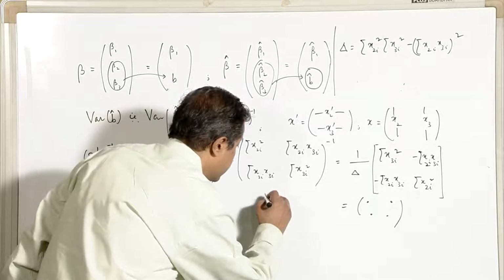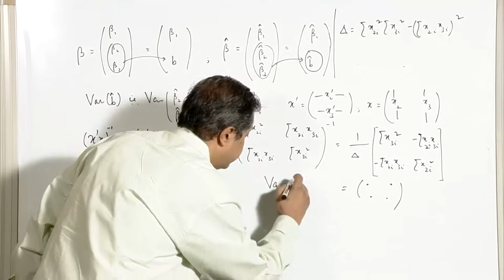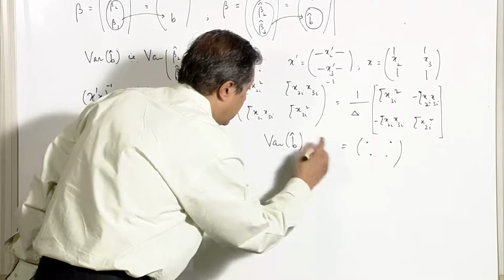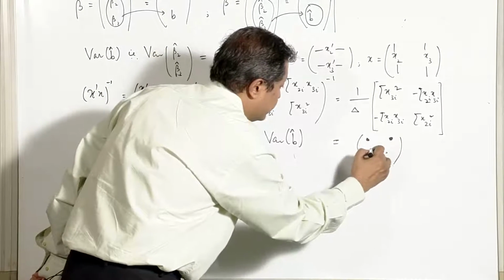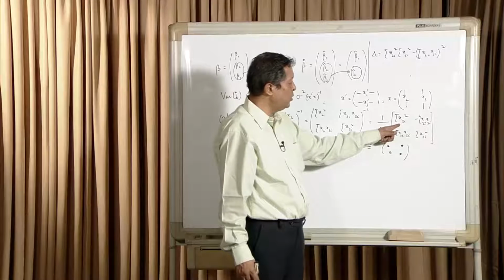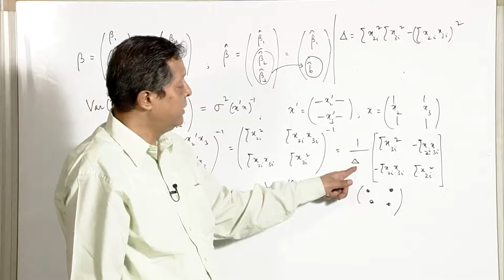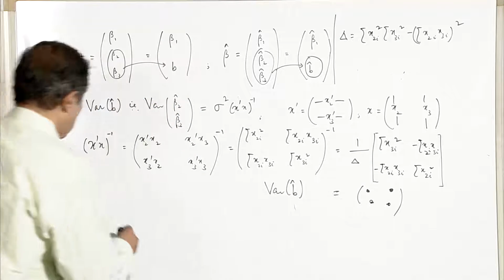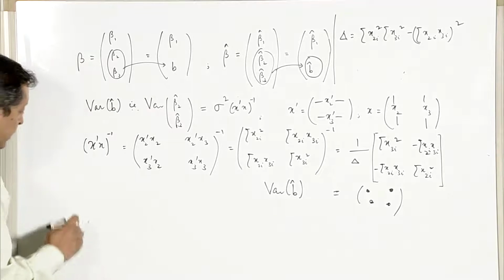So, variance of b hat is given by this matrix which has 4 elements. What is the first element? Sigma square into summation x3i square divided by delta, which we will find in a moment comes out to be exactly the expression that we have seen earlier.